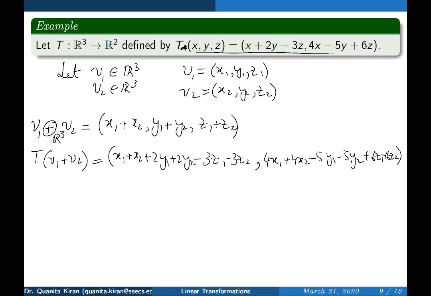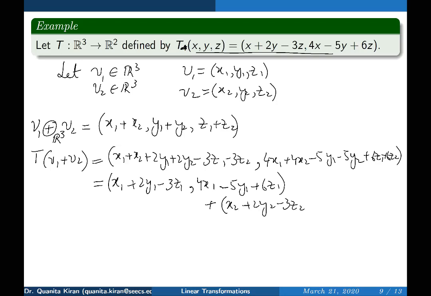After breaking these two components using the properties of vector addition, we can write it as (x1 plus 2y1 minus 3z1, 4x1 minus 5y1 plus 6z1) plus (x2 plus 2y2 minus 3z2, 4x2 minus 5y2 plus 6z2), and this is T(V1) plus T(V2).